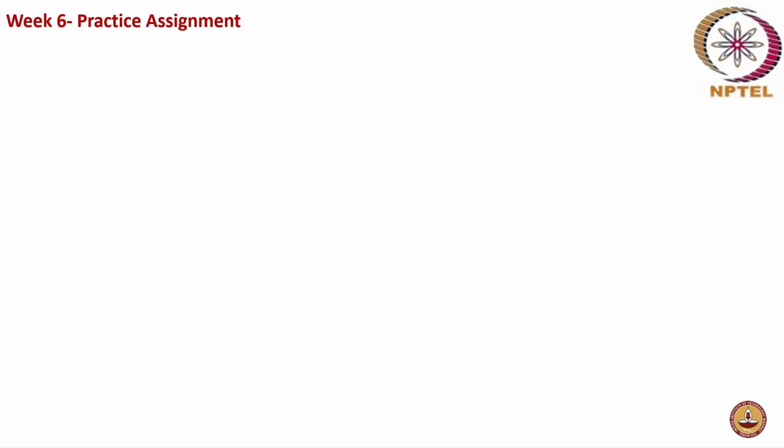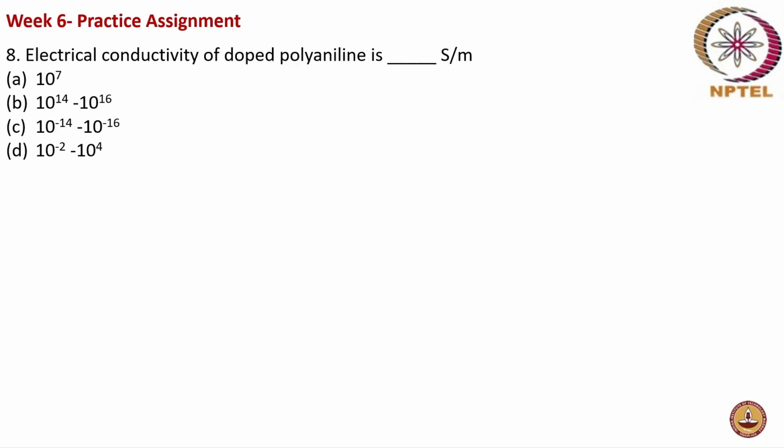Okay. The electrical conductivity of doped polyaniline is dash Siemens per meter. Is it 10 power 7, or 10 power 14 to 10 power 16, or 10 power minus 14 to 10 power minus 16, or 10 power minus 2 to 10 power 4?